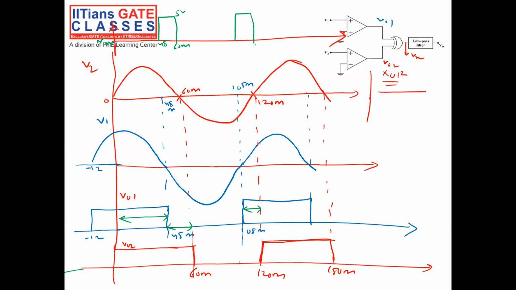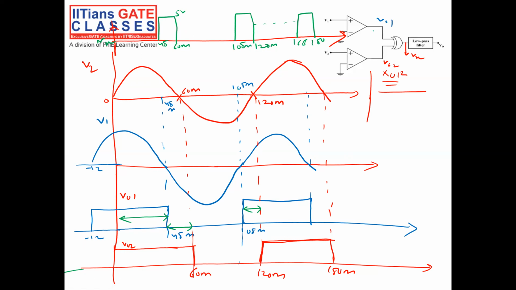Here it will be 120, here it will be 108, right? So this will repeat like this. Again at 180, that is 120 plus 60, 180 minus 12 is 168. Like that it will go, all in milli. This will repeat like this.